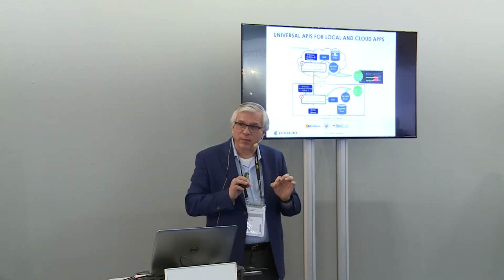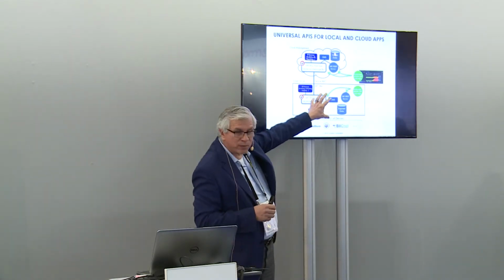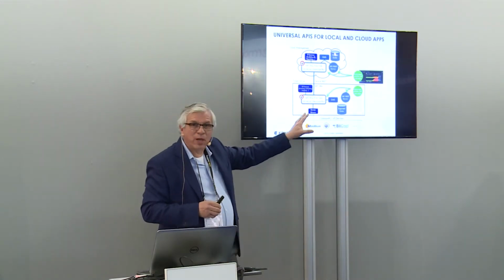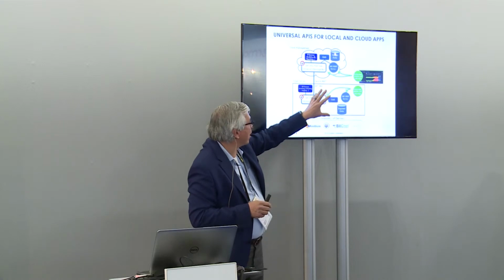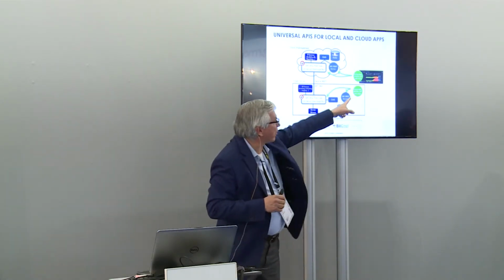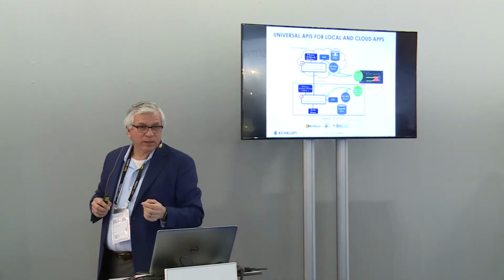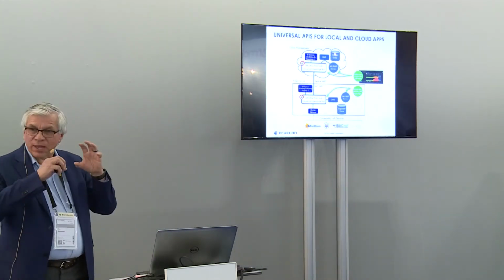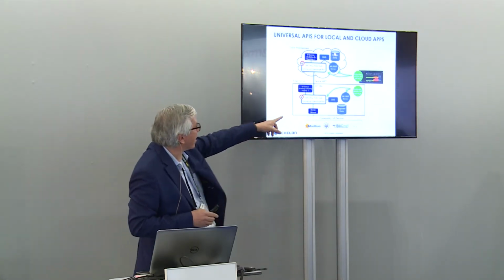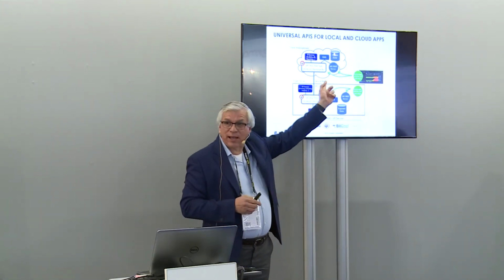And again, this is one common set of APIs. So here I have an edge server with its bus inside the edge server, maintaining data, maybe serving up a user interface for that system. But you can create applications that run within the edge server. That's the green ball. Those applications and services are using the same API. But I could connect that bus to a bus in the cloud.